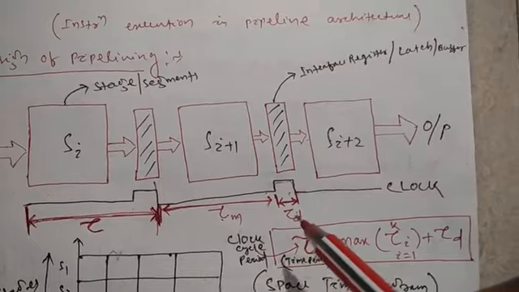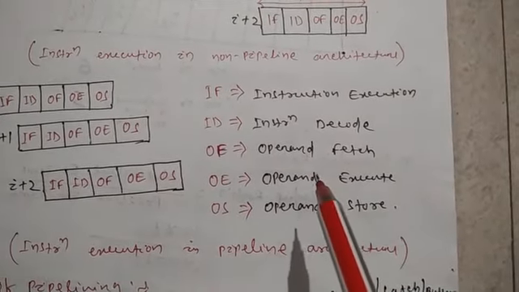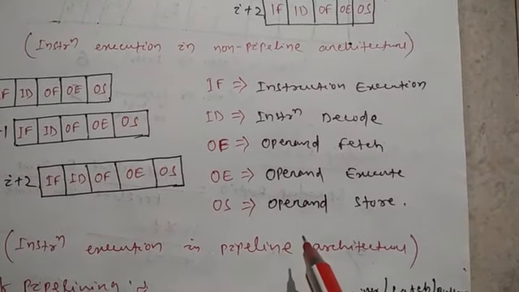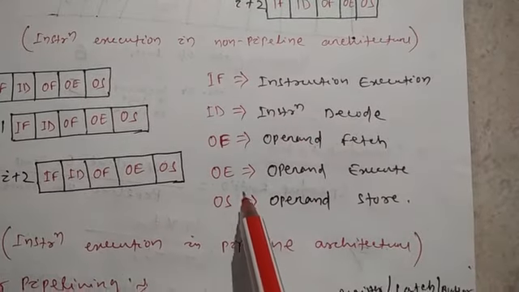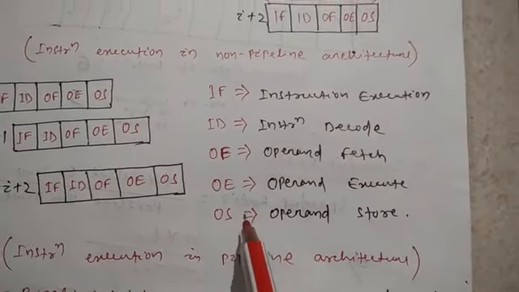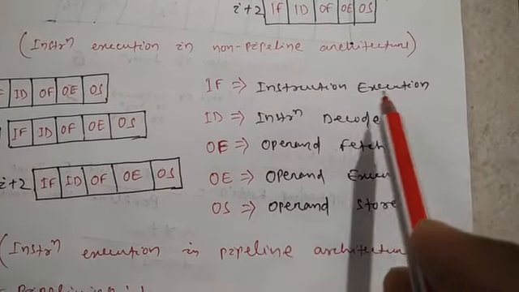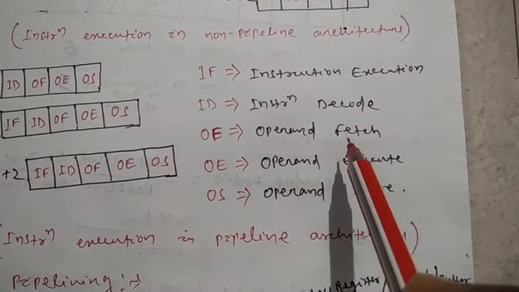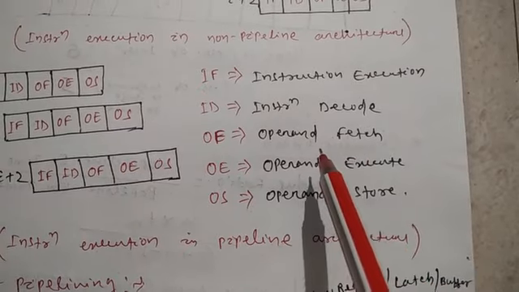If multiple stages are executing multiple instructions, we can't say that each and every stage takes the same time to execute its instruction. Maybe instruction execution takes 2 minutes, maybe the operand phase takes more than 2 minutes. So always we have to take the maximum time to execute all the instructions.